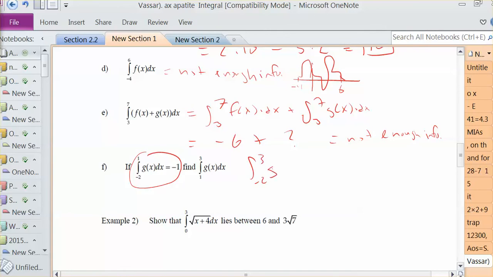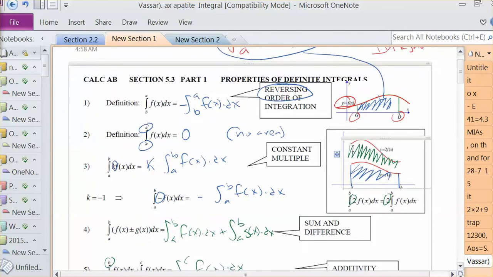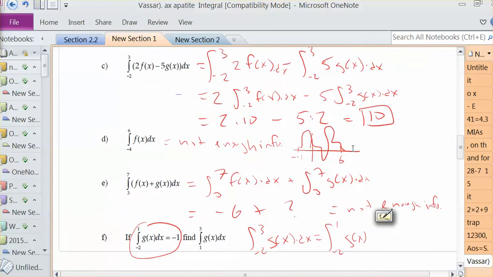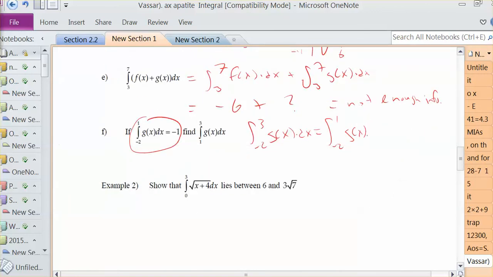And since I know from -2 to 3, using property 5, additivity, clearly I know from -2 to 1 and from 1 to 3. And -2 to 3 we knew is 2, and -2 to 1 is -1. So now I could solve for the definite integral from 1 to 3 for g of x times dx, which actually will just be 3.